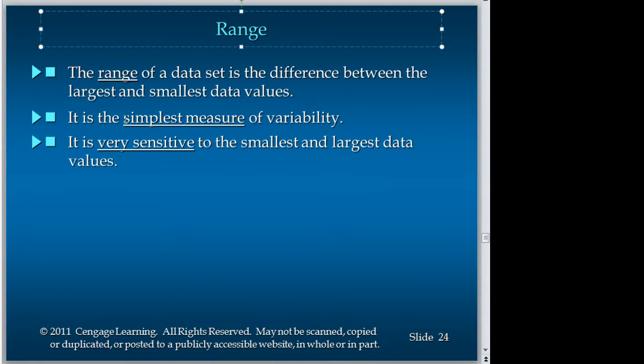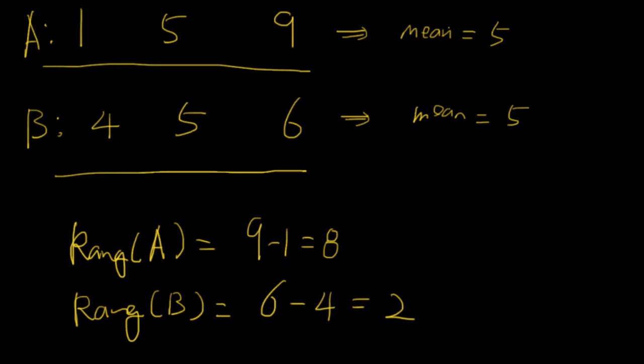Well, not quite, because there's a possible problem with this range deal. It is the simplest measure, as you can see, but it's very sensitive to the smallest and the largest value, right? So let's go back to this blackboard.